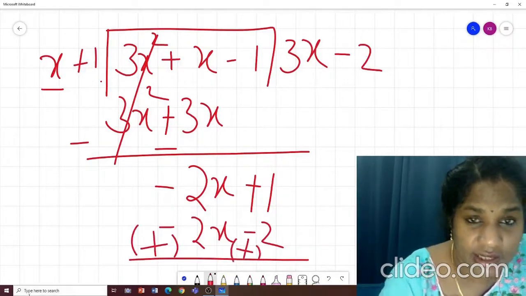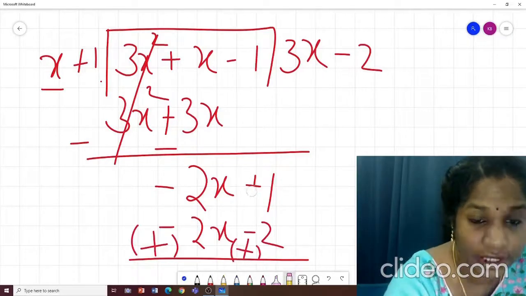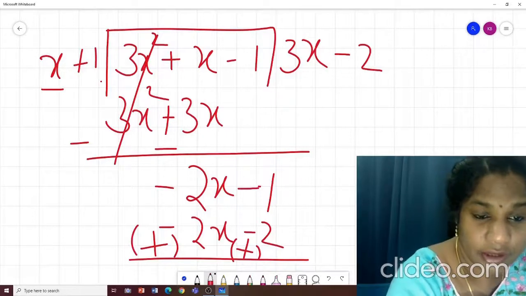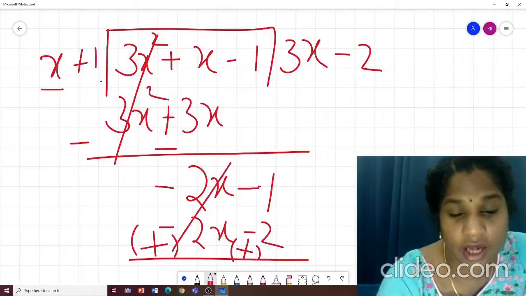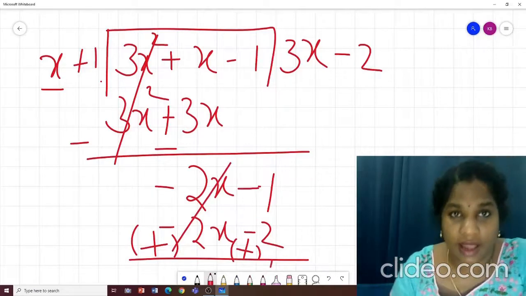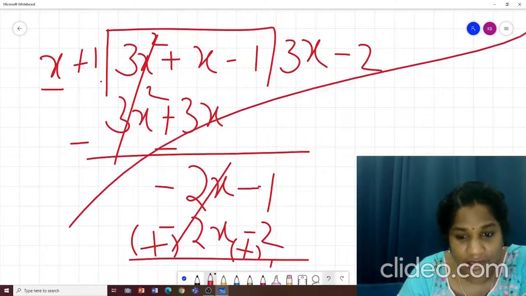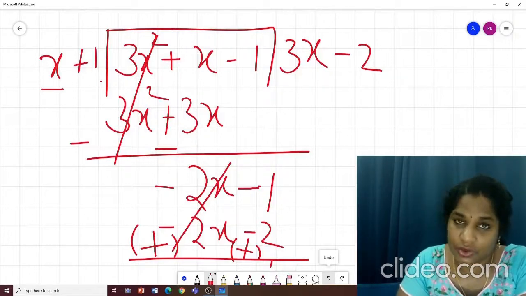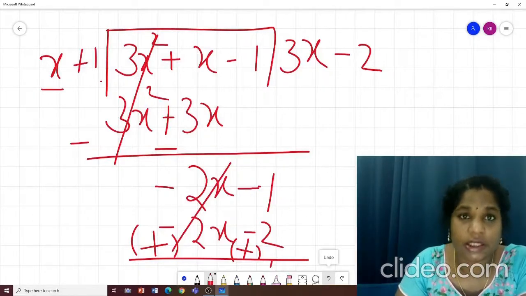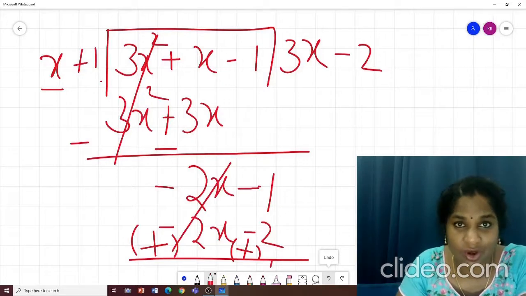Changing the sign is very, very important. Okay, you have to change the sign. This will become 0. Plus 2 minus 1 will give me 1 as the remainder. Right? Is it clear? 2 methods I have shown you. Whichever method you are comfortable with, you can follow that.